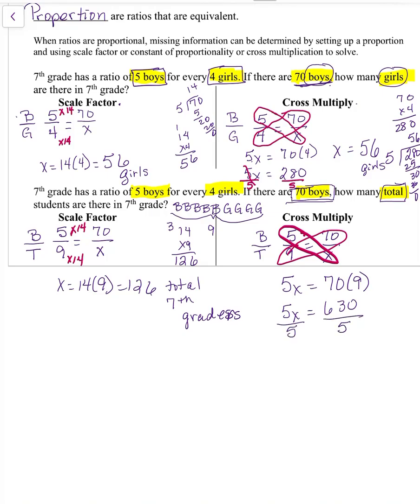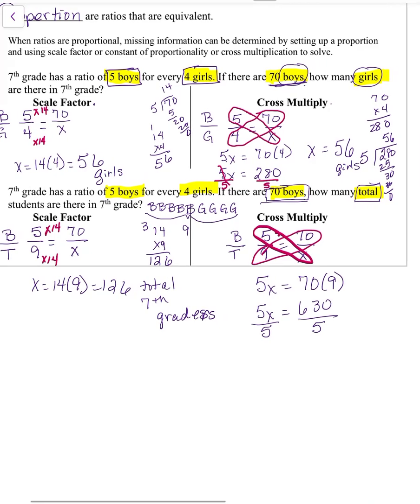Hopefully you remember solving equations from 6th grade as well. So 630 divided by 5. So x is 126 7th graders.